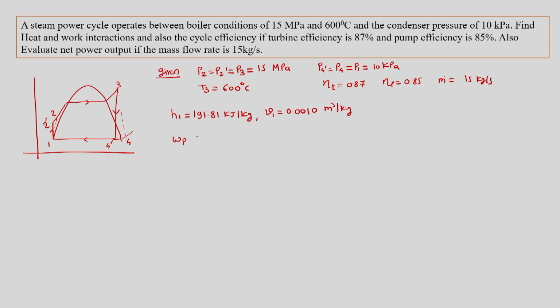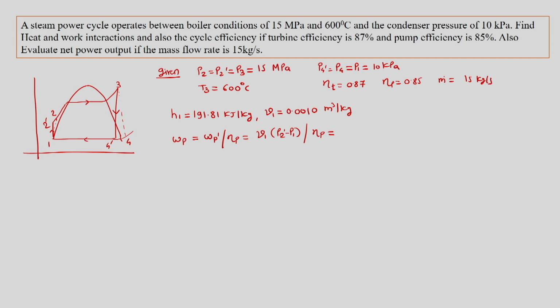So we can find out WP, that is WP dash divided by pump efficiency. So that is nu 1 into P2 minus P1 or P2 dash minus P1, divided by pump efficiency.